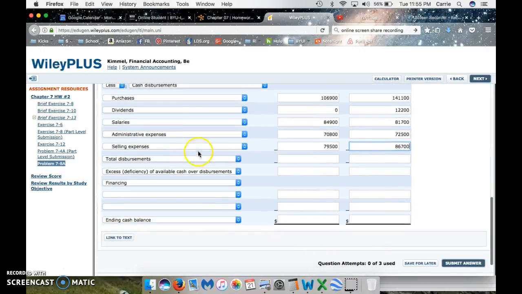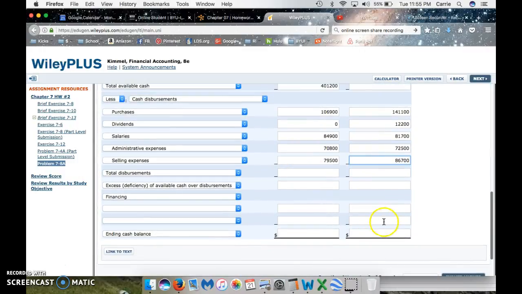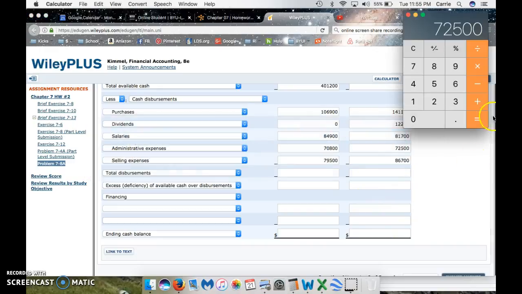We are about to run out of time. Okay, so, well, not yet. Add up the January column of disbursements, and we get 342.1.